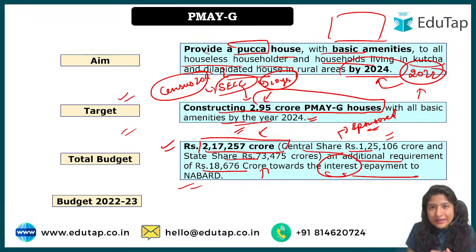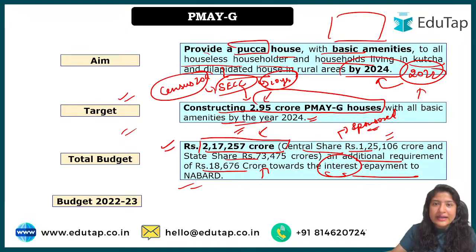Some monetary support will be provided by the government, and some the beneficiary would have to take as a loan. Of course the interest there would be a little bit lesser. However, it is not defined specifically, but yes, it will be lesser, as the government will also give a little bit of support, right?